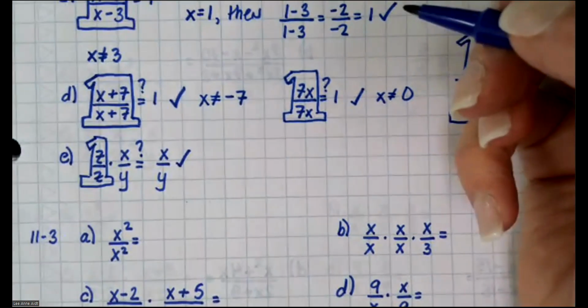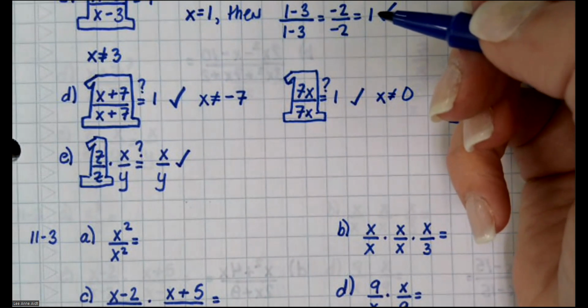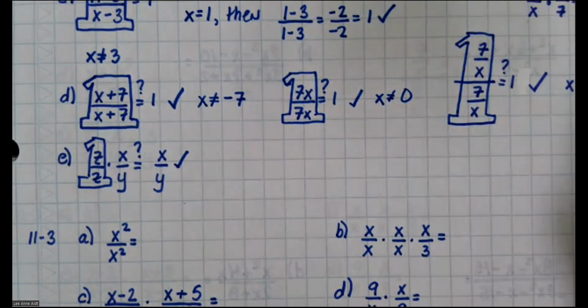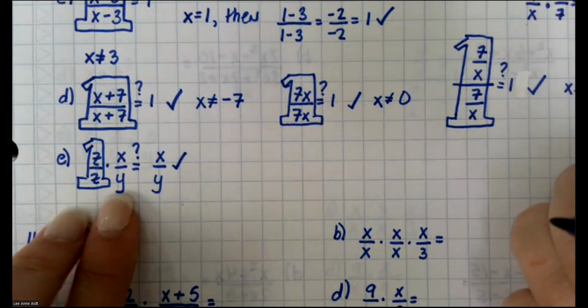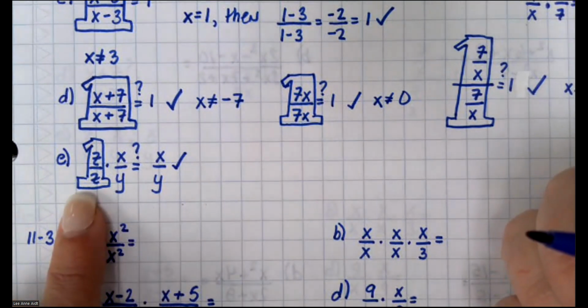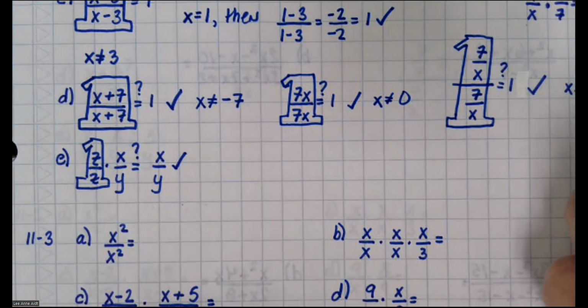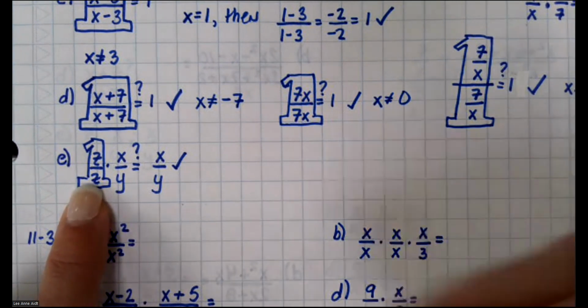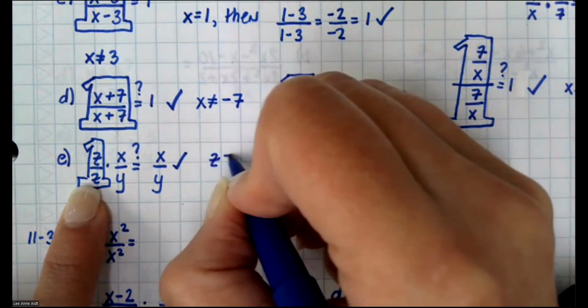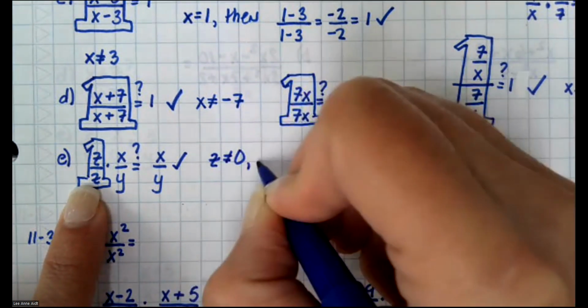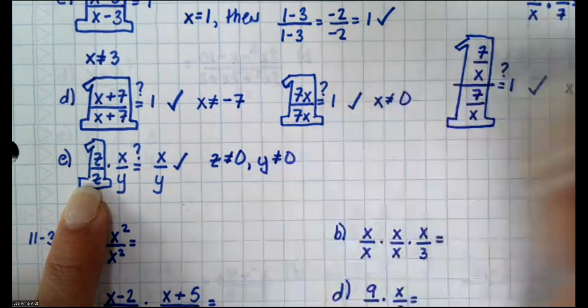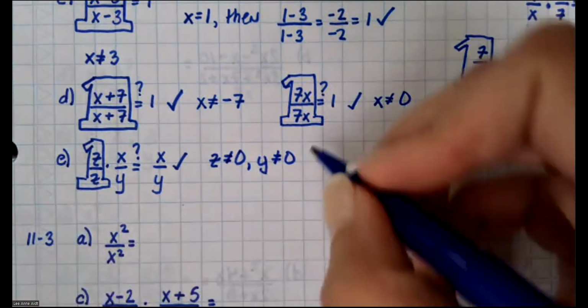However, what are the excluded values? 0 for what letters though? Z cannot, yes, good, excellent, Nolan. Z cannot equal 0 and Y cannot equal 0. Okay, very important here.